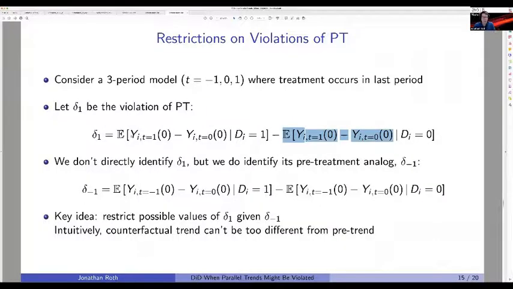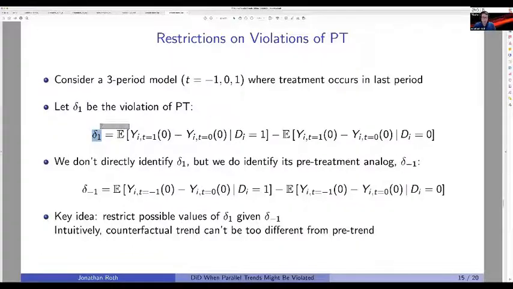We can't learn it from the data, but we do learn the pre-treatment analog of this, which is how different was the trend between period -1 and 0 for the treated group relative to the same trend for the comparison group. And so the key idea in the paper is to say, well, if we knew delta -1, the true population difference in the pre-treatment period, that would be informative about delta 1.